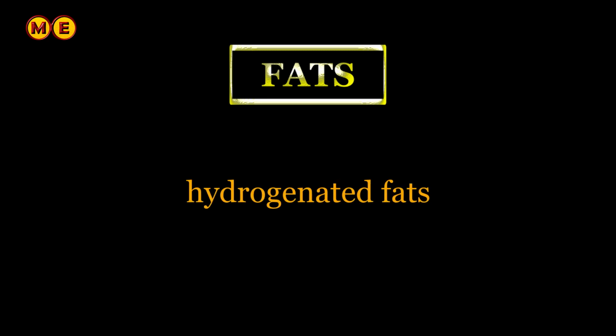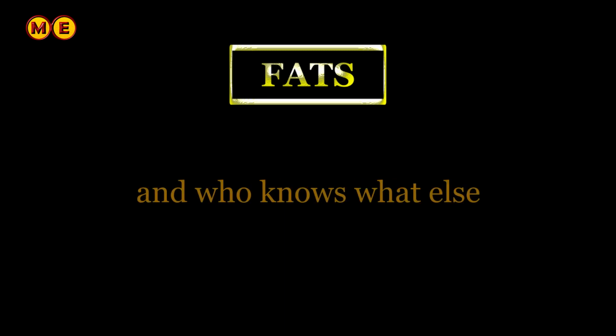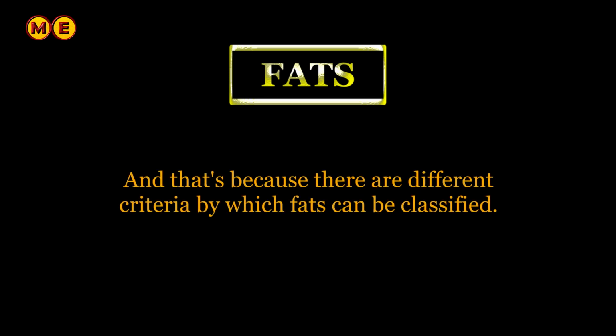Let's start with the fats. I'm sure you've heard of many types of fats, such as trans fats, saturated fats, hydrogenated fats, triglycerides, cholesterol, omega-3, omega-6, good and bad, and who knows what else. And that's because there are different criteria by which fats can be classified.